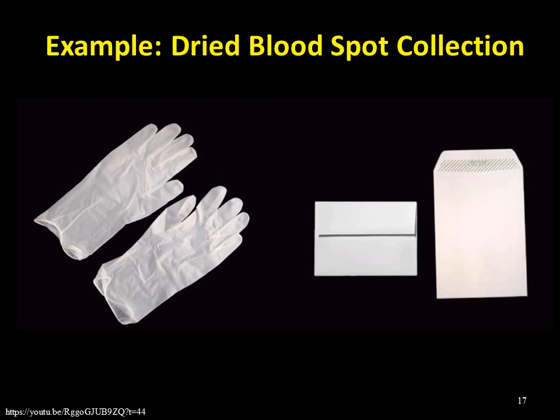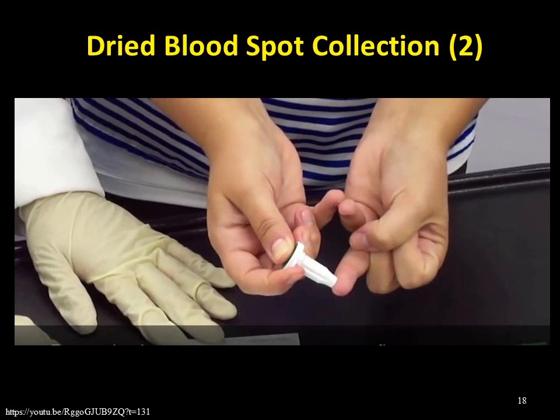Another way of stabilization is the so-called dried blood spot collection. You can see how this is done on the YouTube film given below on this slide. Essentially, it is collecting blood on a little piece of filter paper. As indicated on this slide, contamination by your own hands or the external environment must be avoided.